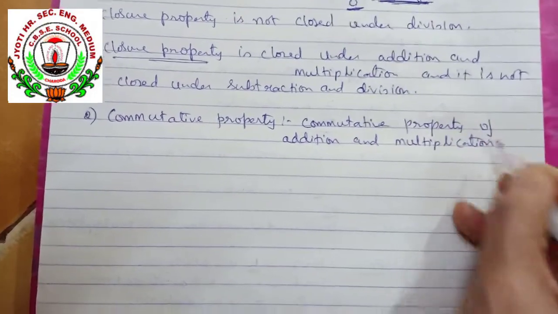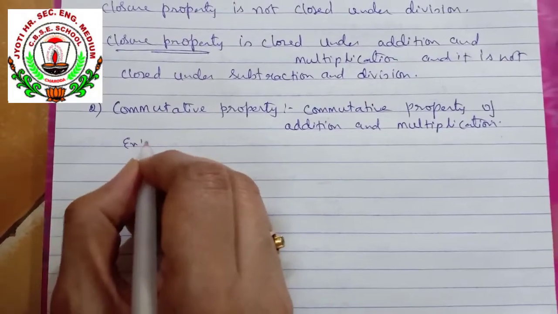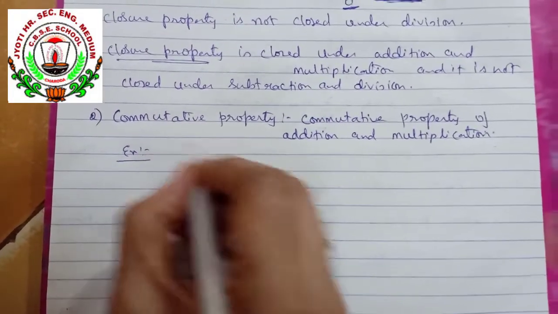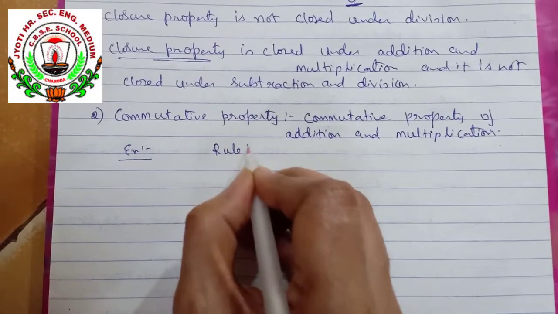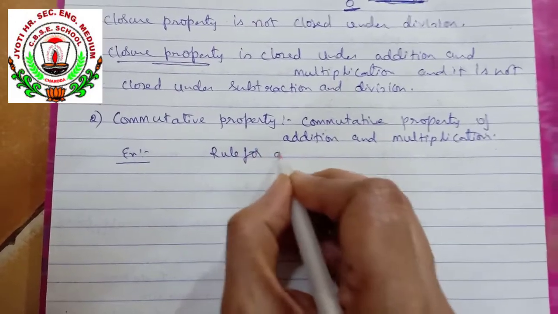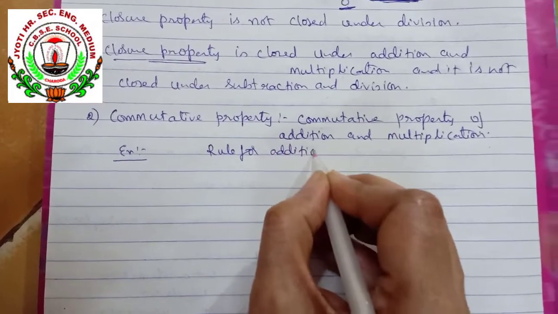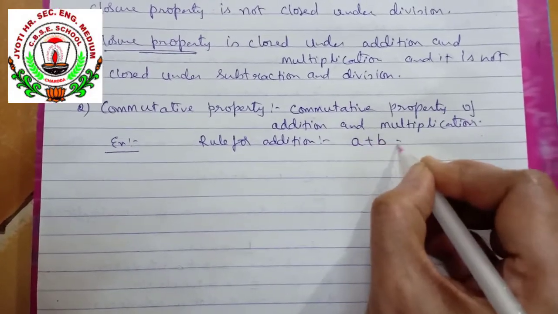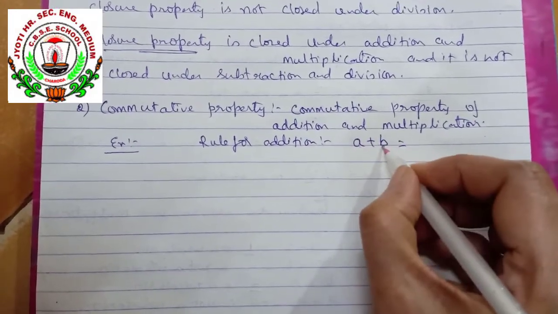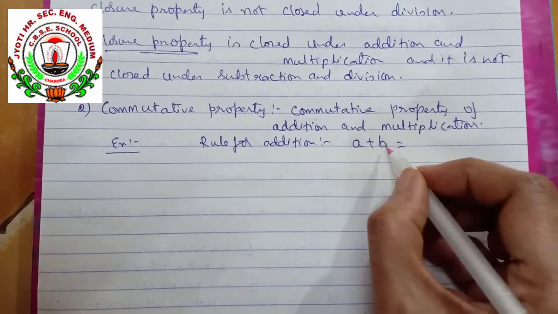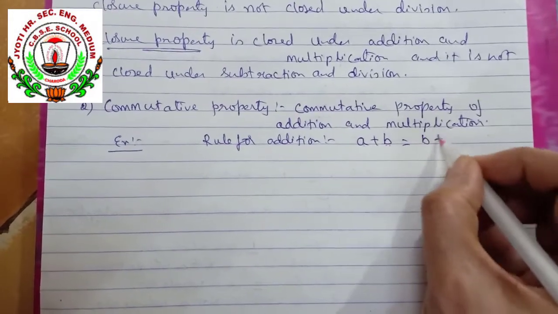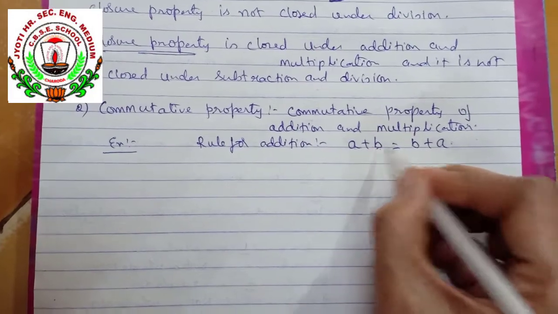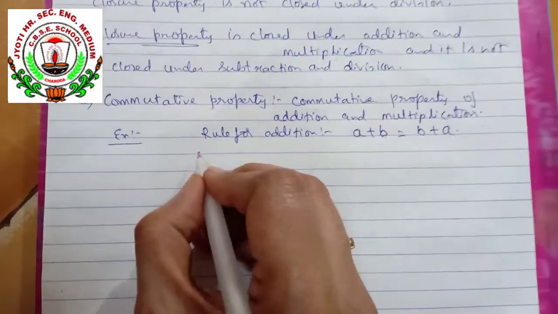First I am going to give you a general rule. Rule for addition: generally I am taking A plus B. When I add two numbers, I can reverse the addition also. A plus B is equal to B plus A.